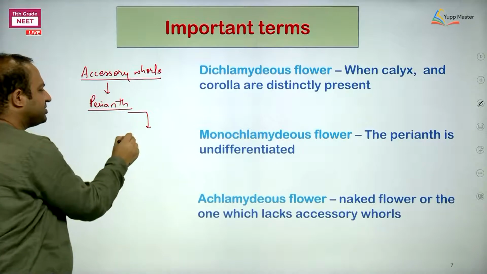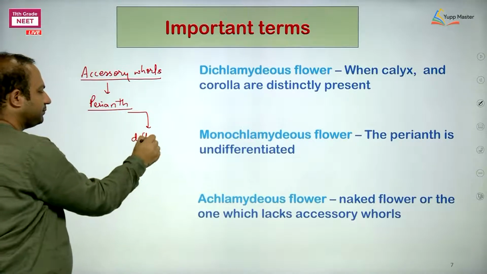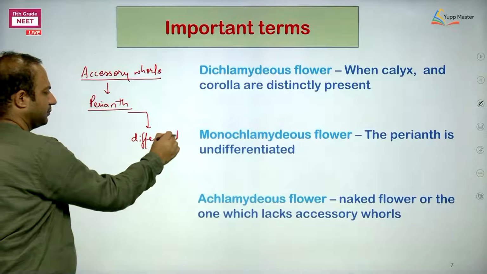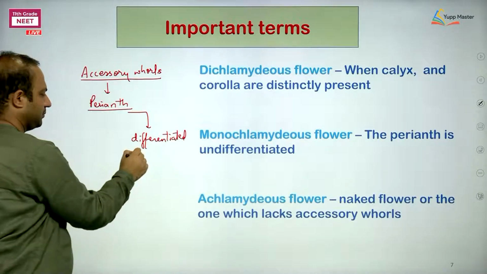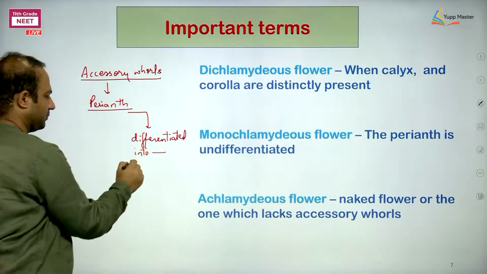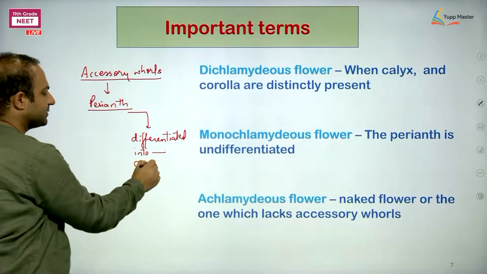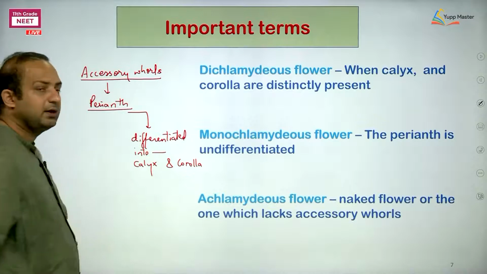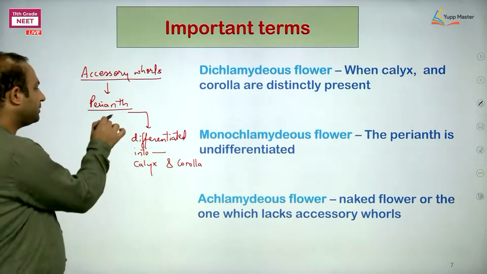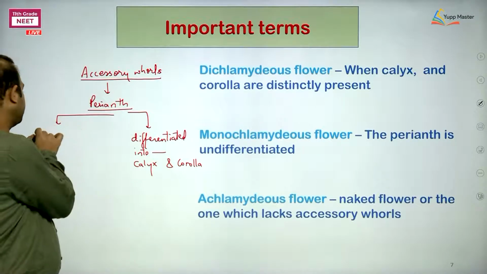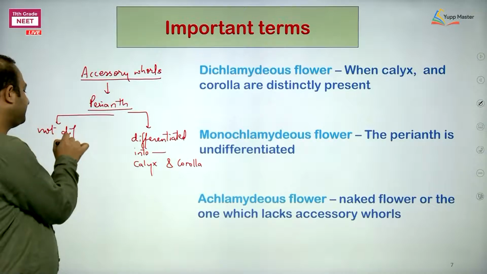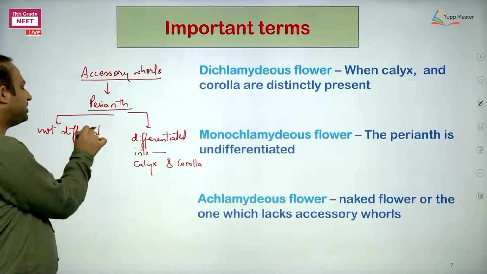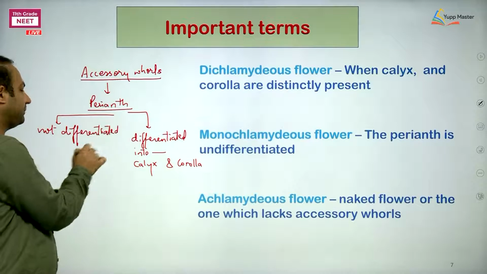If it is differentiated into two, meaning calyx and corolla, fine. If it is not differentiated, you will use the word perianth only.